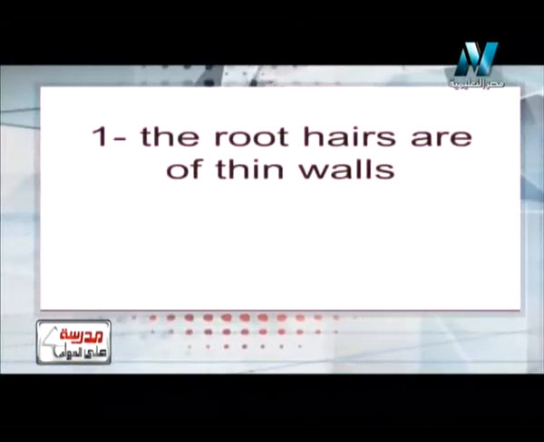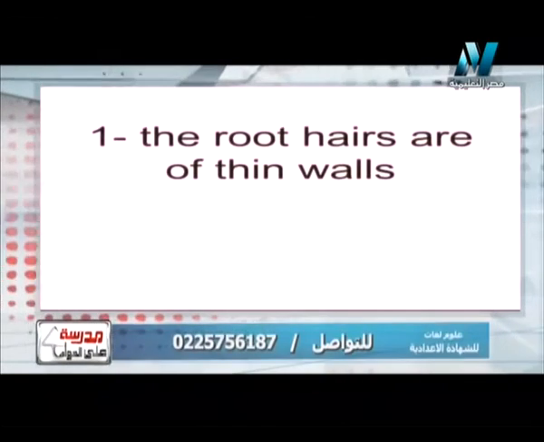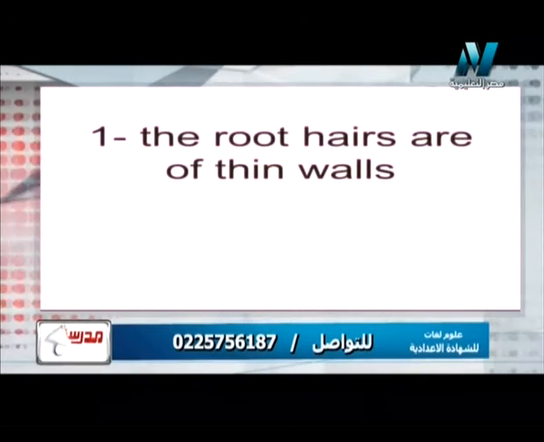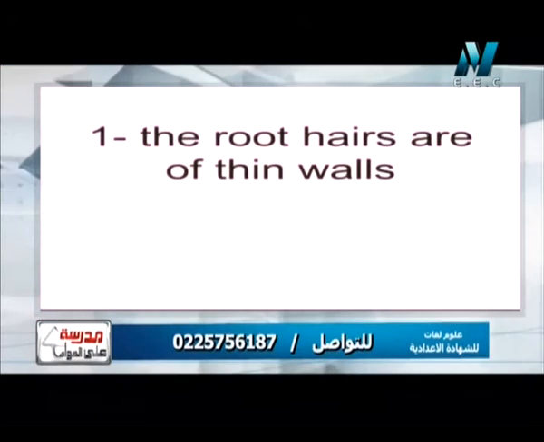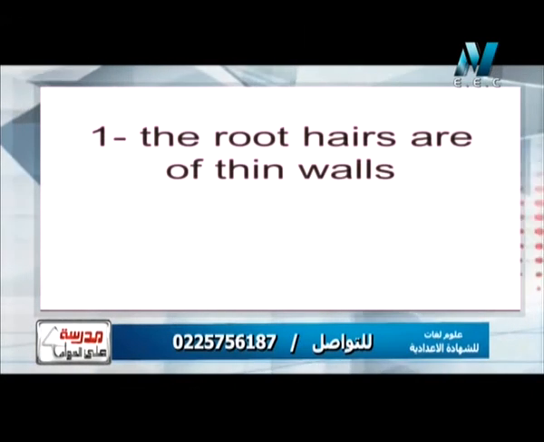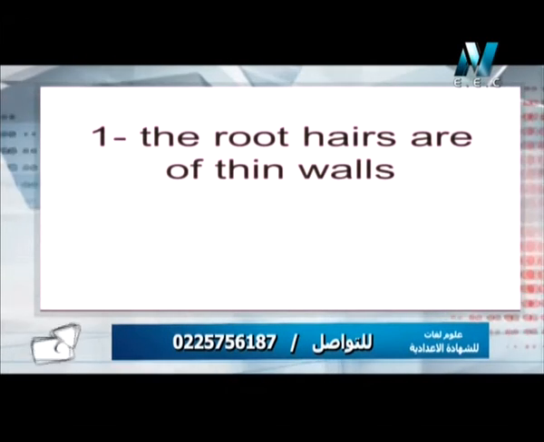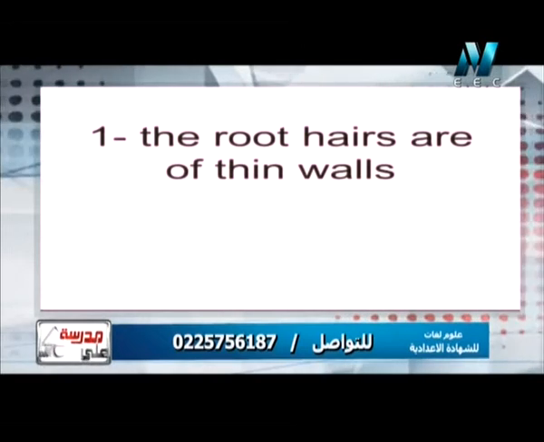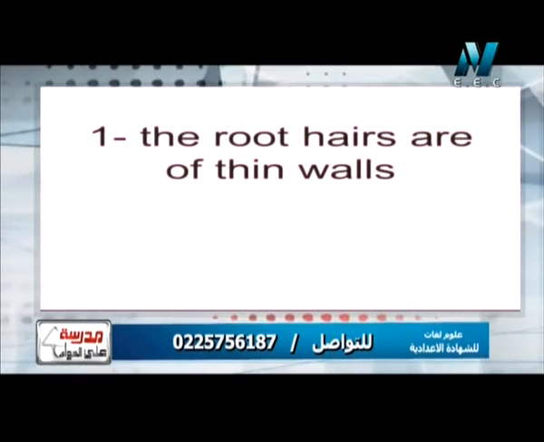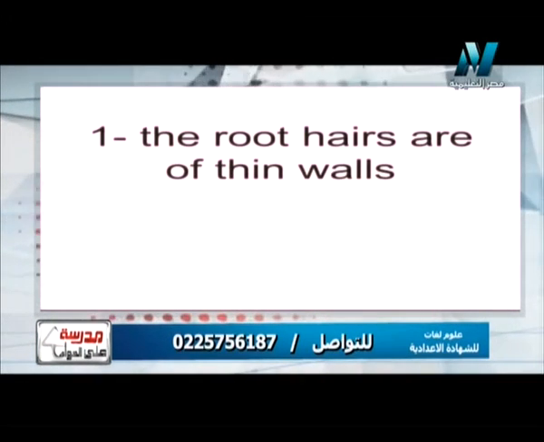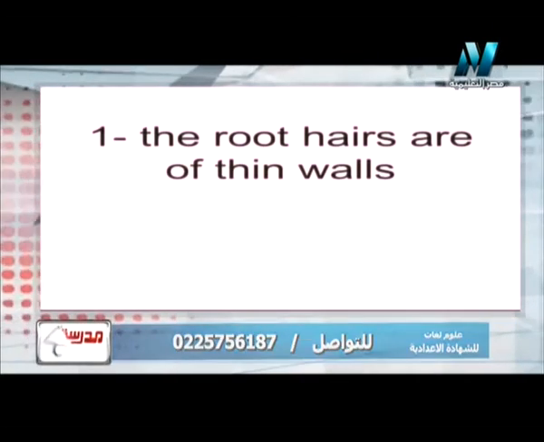The first question says that the root hairs are thin-walled. The root hairs, as we have studied in the lesson of transmission of water through the plant, are of thin wall. Why? God created the root hairs with a thin wall. Thin wall here means a thin wall. Why?